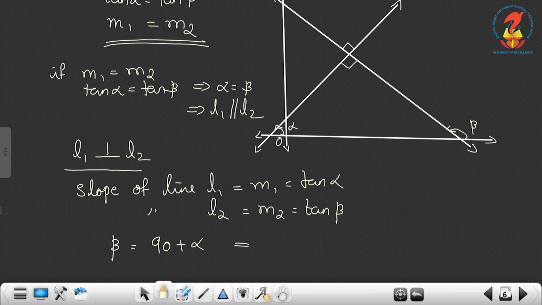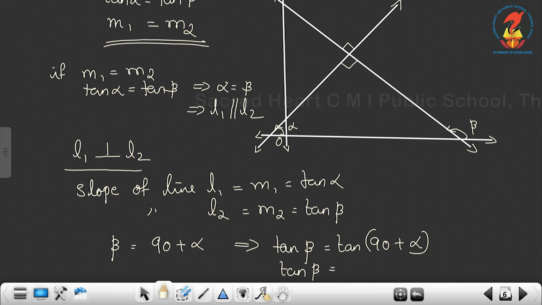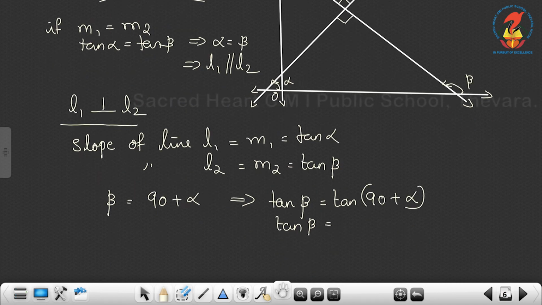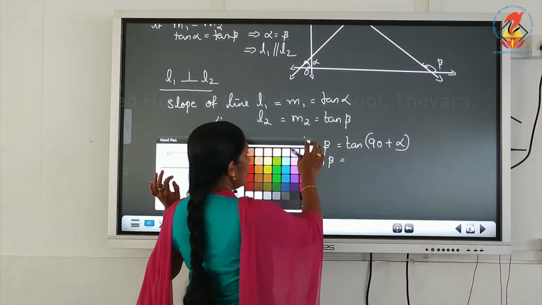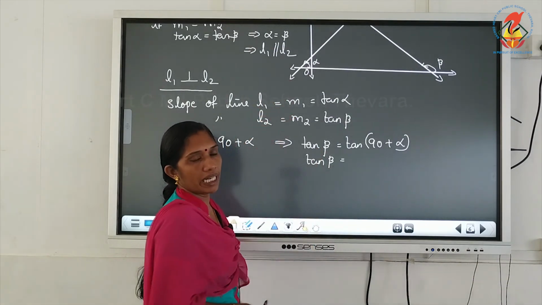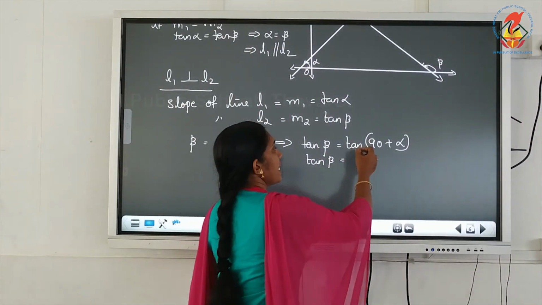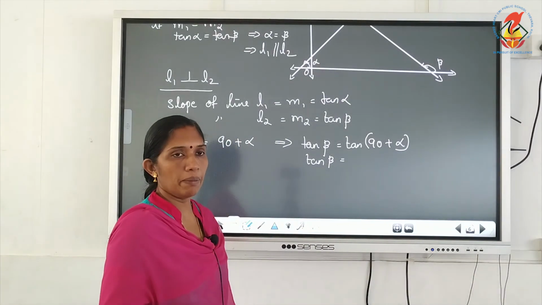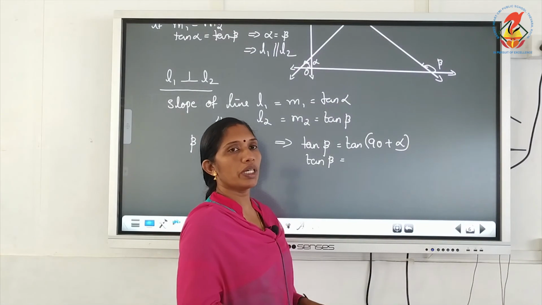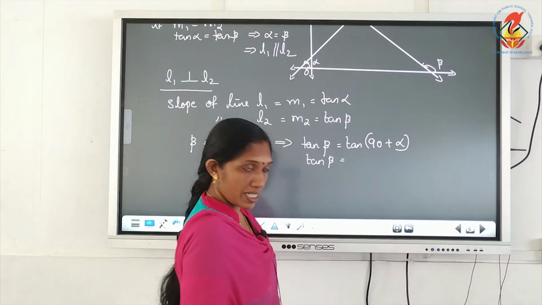Okay, which implies, applying the tan function on both sides, tan beta is equal to tan of 90 plus alpha. Why do we apply the tan function? Then only we get it in terms of M1 and M2. What is tan of 90 plus alpha? 90 plus alpha means second quadrant, where tan function is negative.